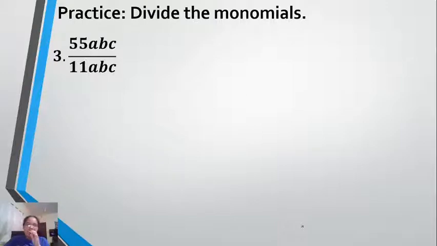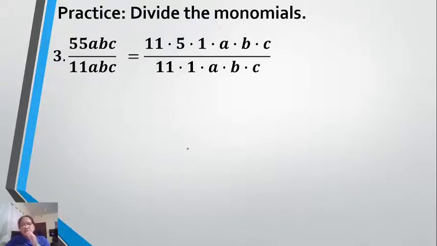How about 55abc divided by 11abc? So 55 can be expressed as 11 times 5 times 1, and 11 is 11 times 1. And they have the same literal coefficients abc. Now, simplifying further, that will become 1, that will become 1, that will become 1.